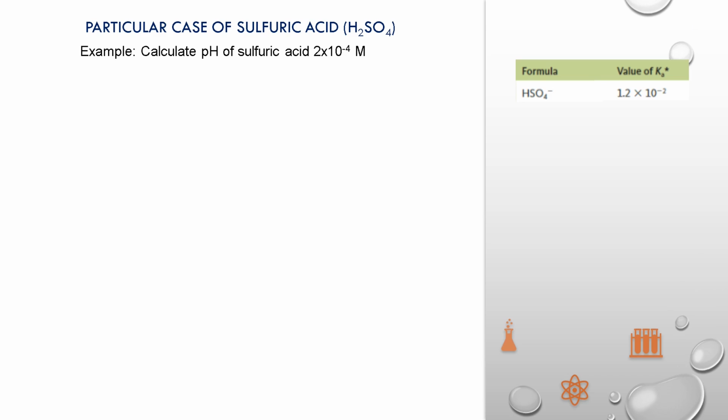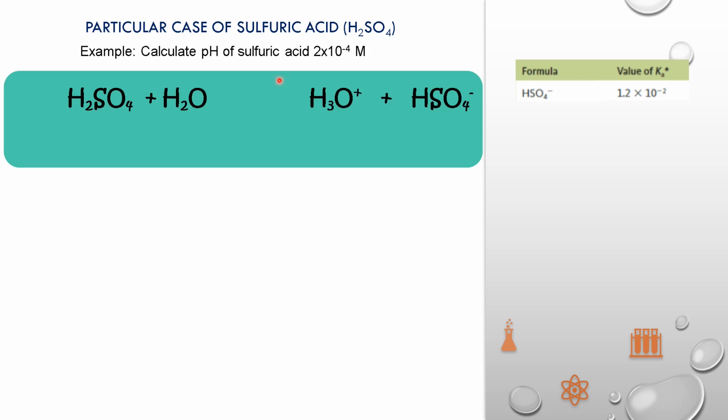Let's see the particular case of sulfuric acid. This is the formula of sulfuric acid, and you see it has two hydrogens. So why is sulfuric acid special? Because, for example, if I want to calculate the pH of a certain concentration of sulfuric acid, when you write the first equation, the first deprotonation, this equation represents a strong acid.